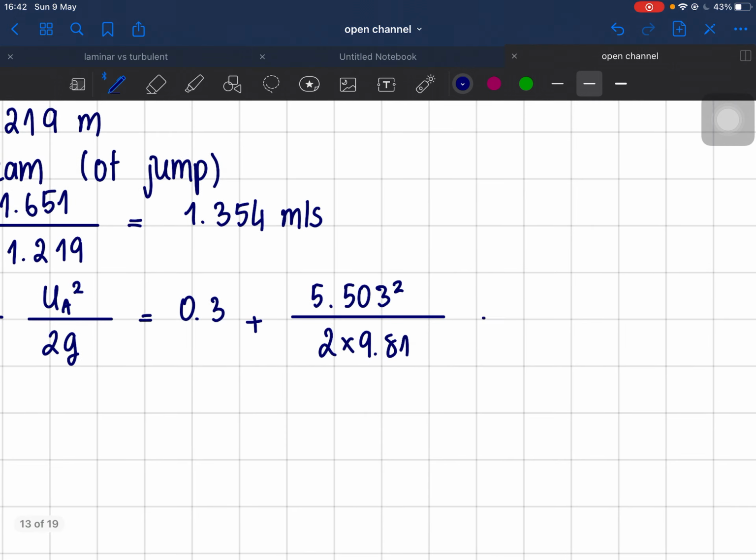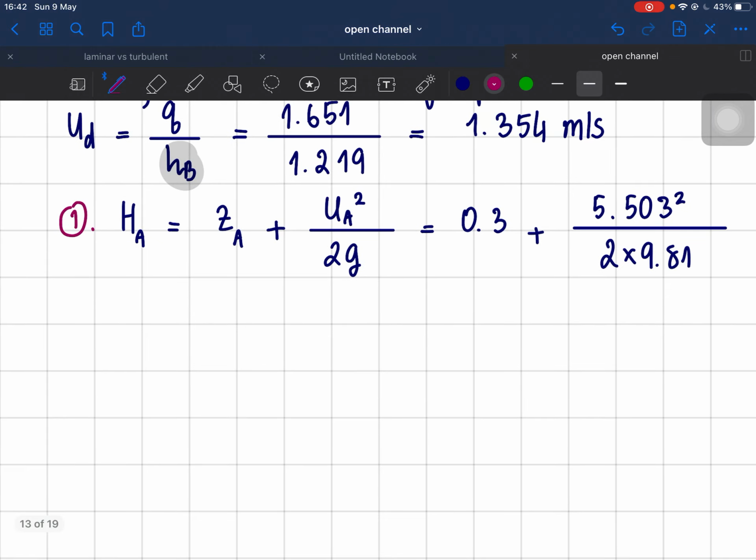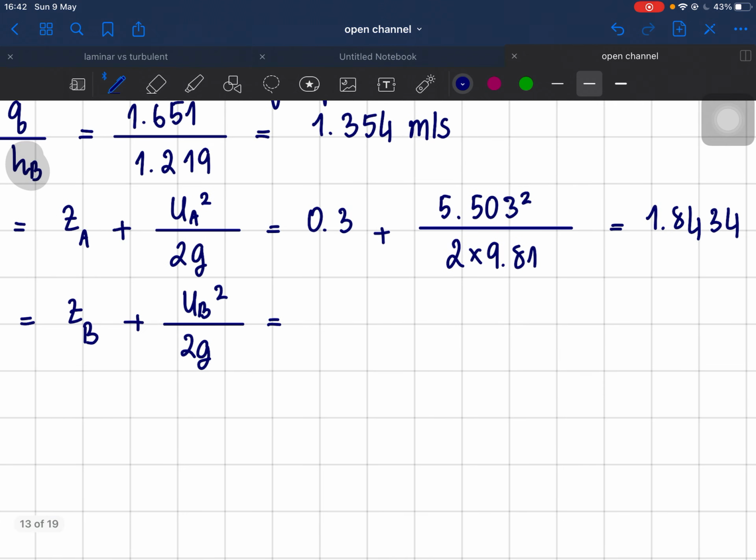Okay, 1.84342. HB equals to ZB plus UB squared, everything here over 2G equals to the previous one that we found.